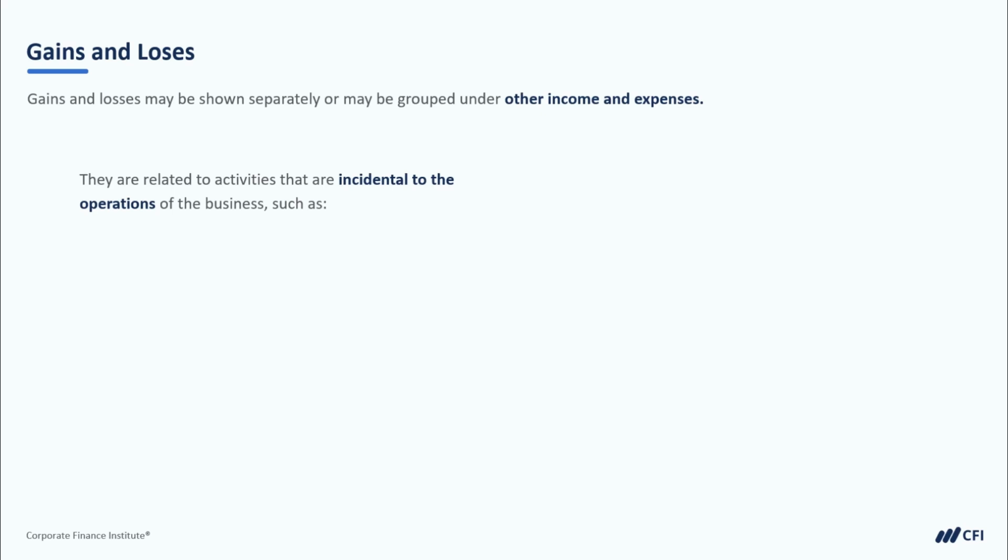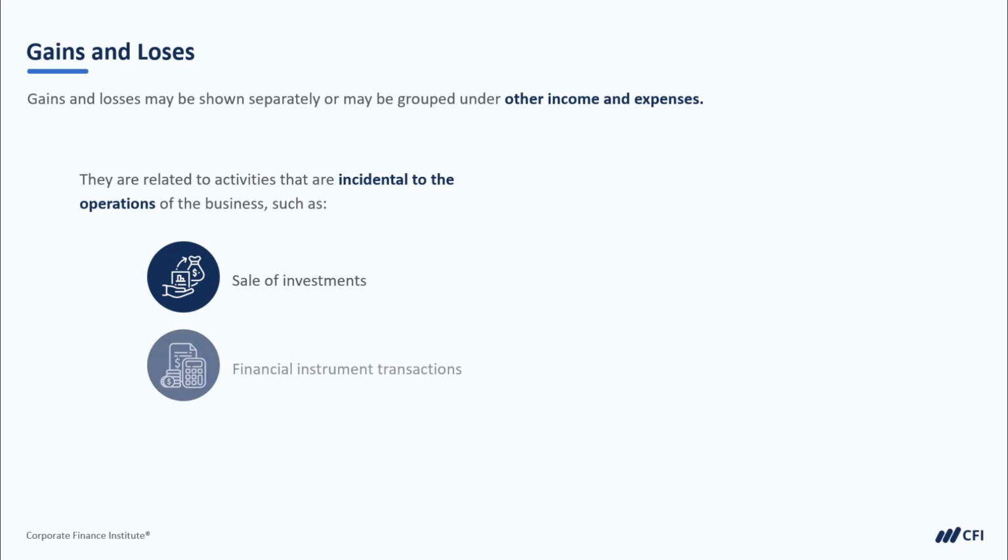So for example, it could be gains or losses that occur when an investment or a piece of equipment is sold. The same holds true when financial instruments are recorded at one amount at purchase, and then they need to be adjusted up or down to give them their fair market value. So depending on accounting policies followed, the adjustments may be made as a gain or loss that will appear on the income statement.